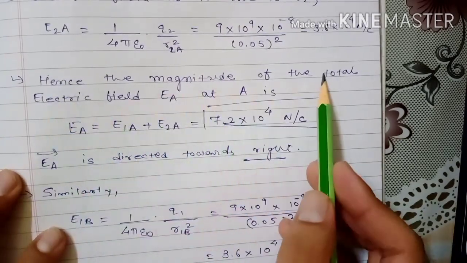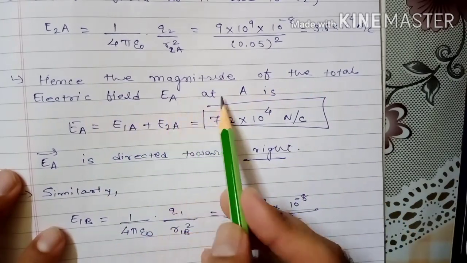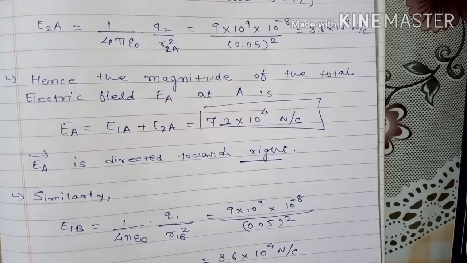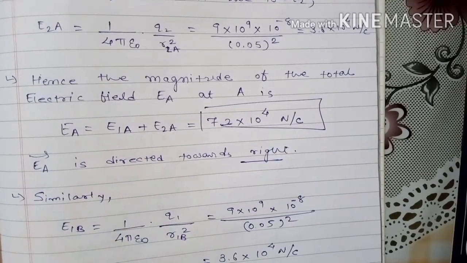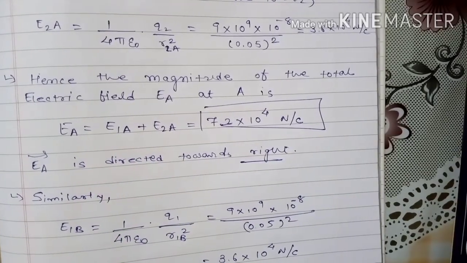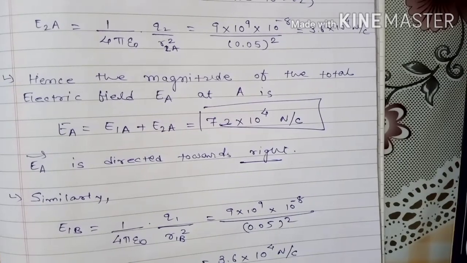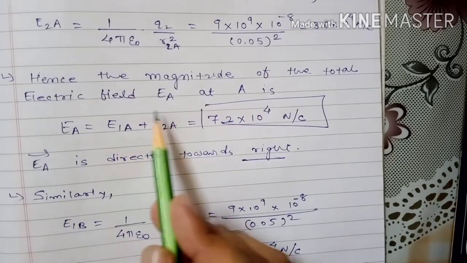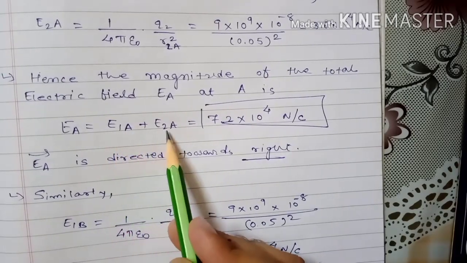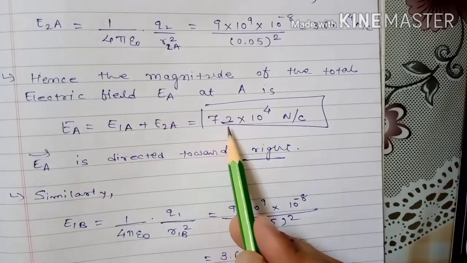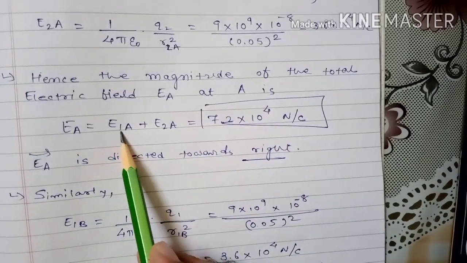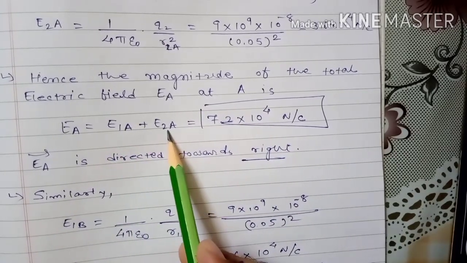Hence, the magnitude of the total electric field EA at A is given by EA equal to E1A plus E2A. Why have we taken the summation? Because both the electric fields E1A and E2A are in the same direction. Therefore, we can add them algebraically. E1A plus E2A: first is 3.6 into 10 raised to 4, second is 3.6 into 10 raised to 4.